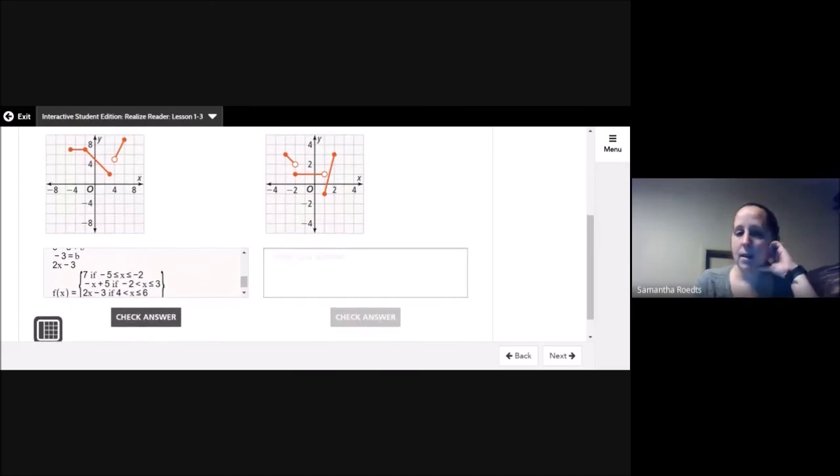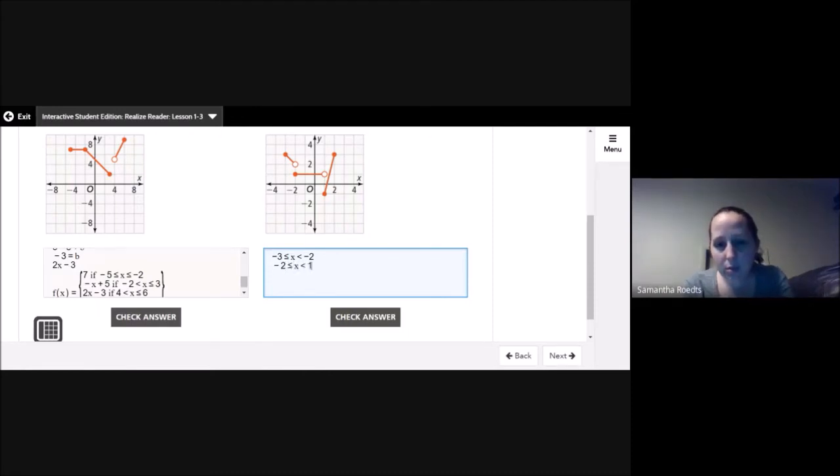Okay. So we have, again, 3 different functions, so 3 different domains. The first domain is from -3 to -2, and then I have -2, closed circle, to 1, an open circle, and then I have 1, again closed circle, to 2.